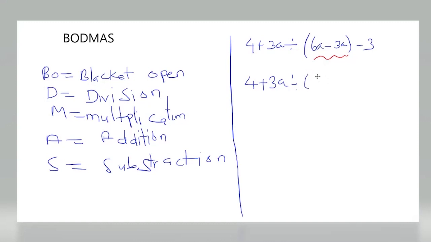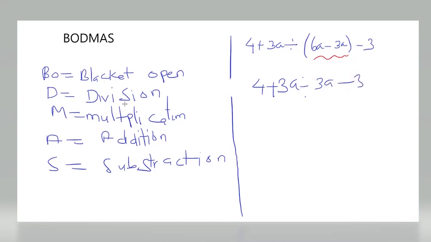Now 6a minus 3a within the bracket is 3a, minus 3. From this one we can remove the brackets. Therefore, 4 plus 3a, then divided by 3a, then minus 3.